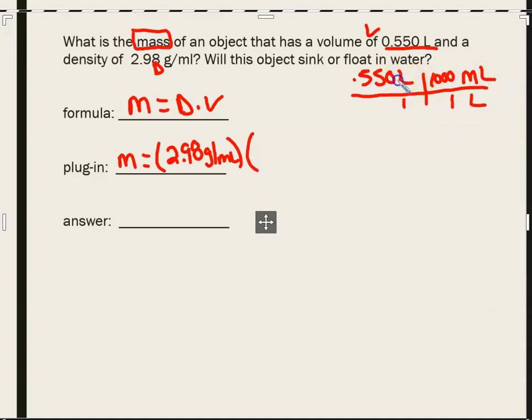Liter has the 1 with it. So I'm going to multiply by 1,000, which is going to get me 550 milliliters. Now you can see those milliliters will cancel out, and I'm just going to multiply.